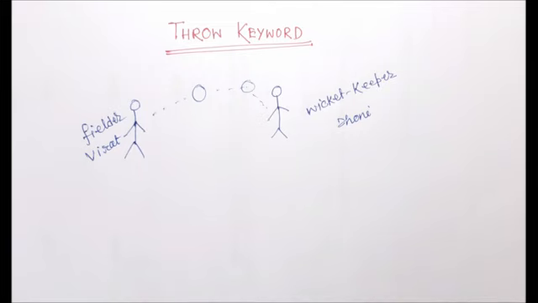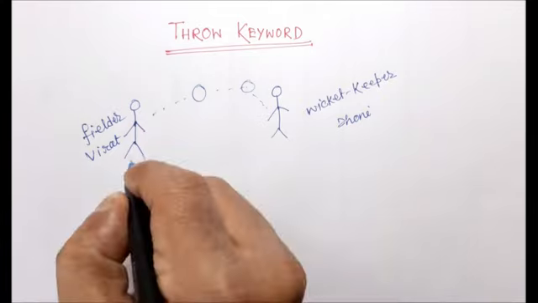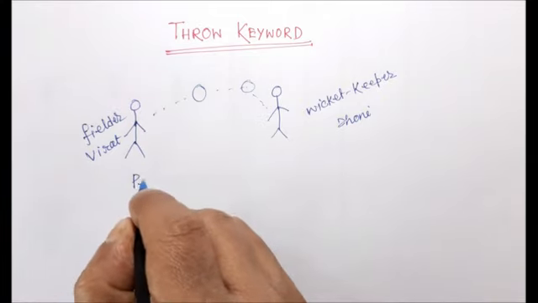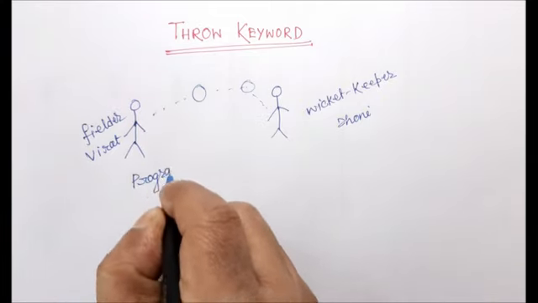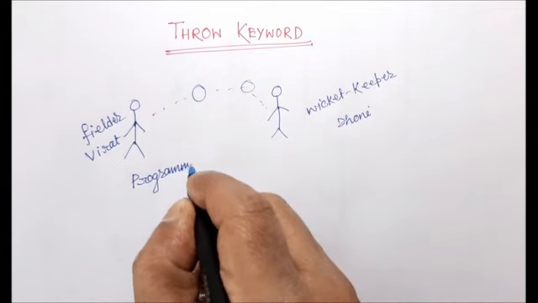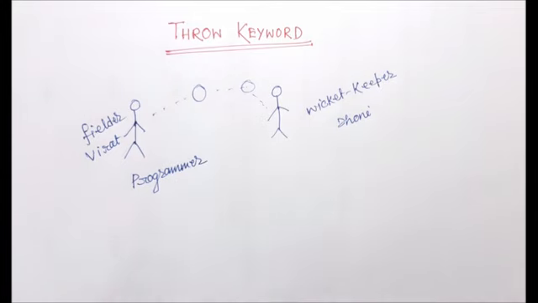Now if I compare this concept with Java programming, who is going to throw the ball? Virat Kohli, right? So think of him as the programmer. And who is going to catch this ball? The wicket keeper.